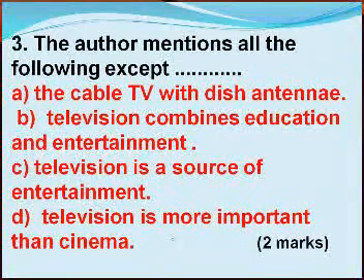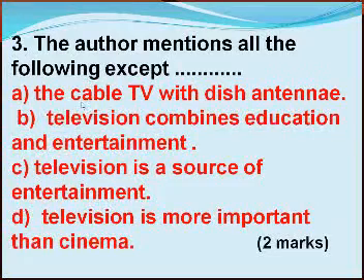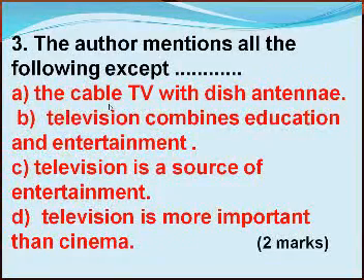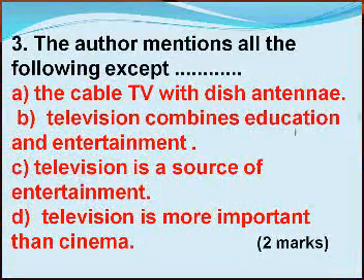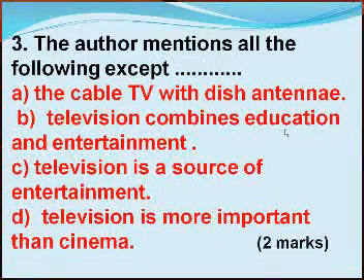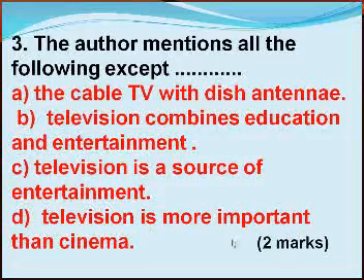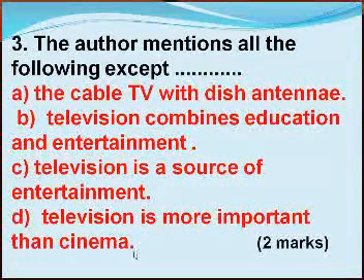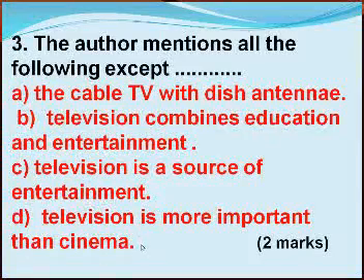So you'll have to go through the whole text and find out which sentences were really mentioned. The cable TV with dish antenna. Television combines education and entertainment. Television is a source of entertainment. Television is more important than cinema. Okay, did they mention anything about cinema?